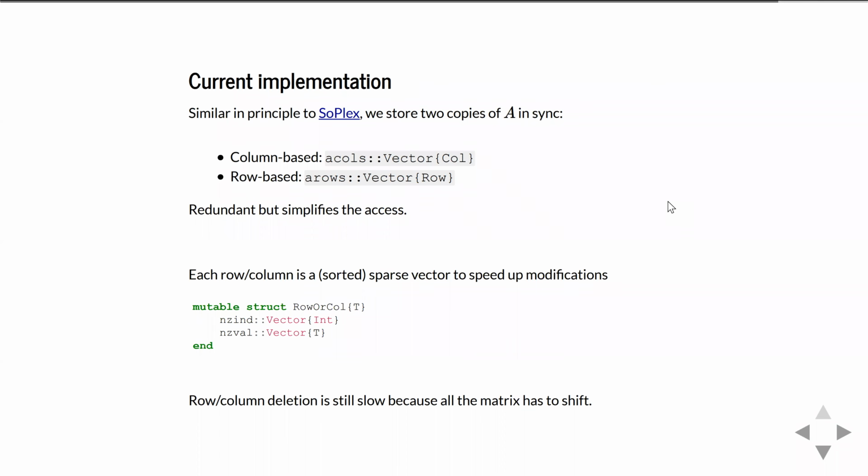So there's a bit of work to be done here. But to be honest, it's not a bottleneck as of now. So until someone has a use case where problem modification is really a huge bottleneck, that's not going to be the priority for development, at least for me. But there's obviously some room for improvement.